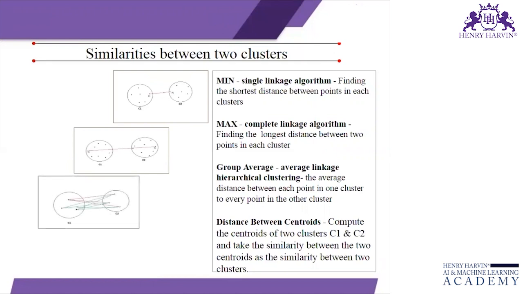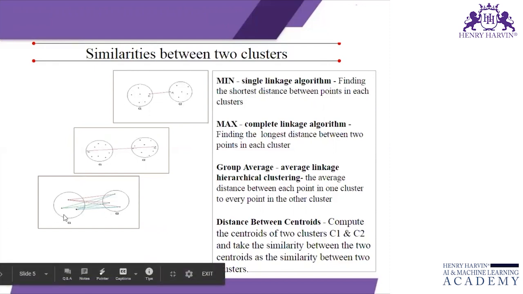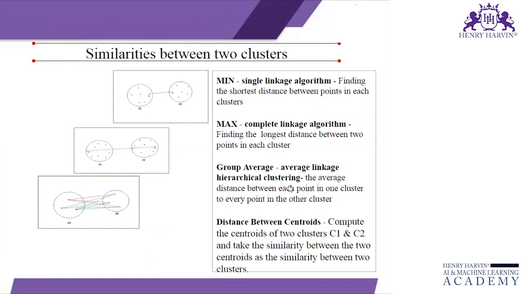Then there is group average, or you can say average linkage hierarchical clustering. These similarity measures or linkages are used when we are using hierarchical clustering algorithms. So average linkage hierarchical clustering is done by calculating the distance between each point in one cluster to every point in the other cluster. As you can see in the image also, the distance is calculated with each of the points in both the clusters.